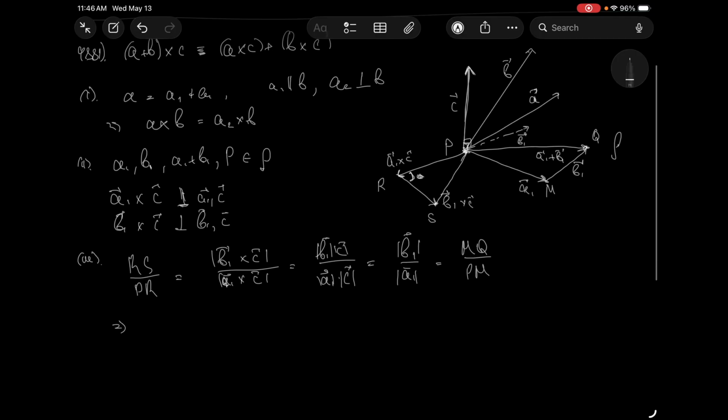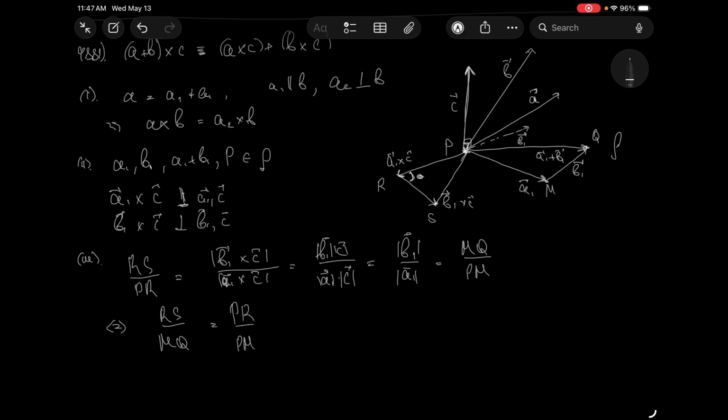And so we can conclude from here, this is equivalent: RS over MQ is the same as PR over PM. Okay. So we have two proportional sides. Right. So if we know that at least one angle is equal, then these triangles are similar.